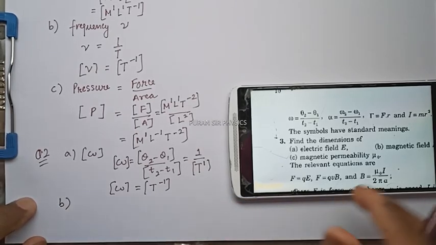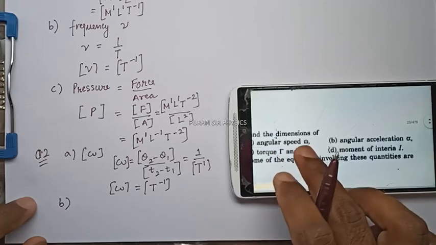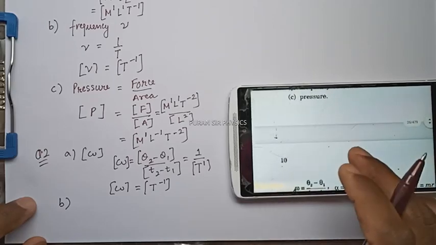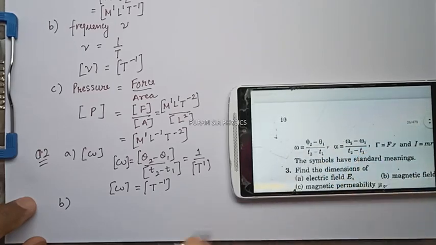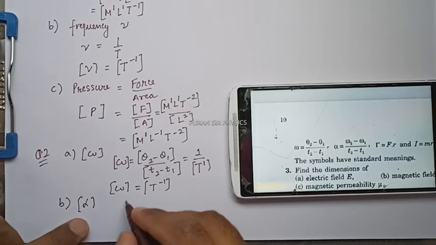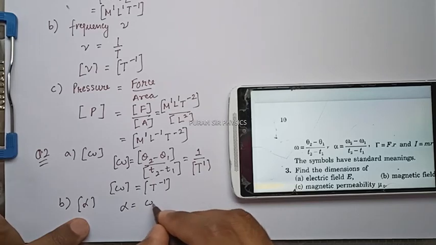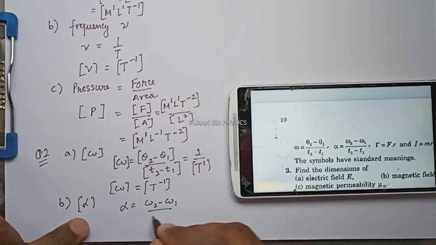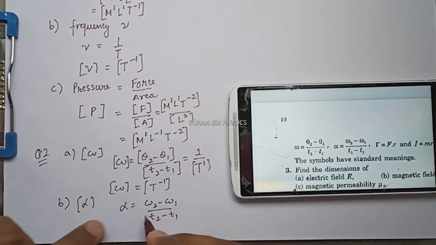And the second is angular acceleration, and the formula is given to you. We have to find the dimension of angular acceleration, and the formula is the difference of angular velocity divided by the difference of time.